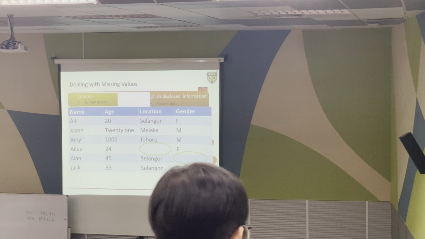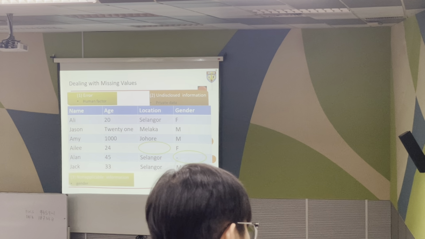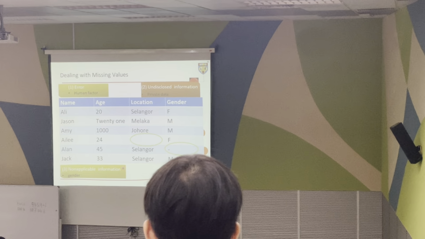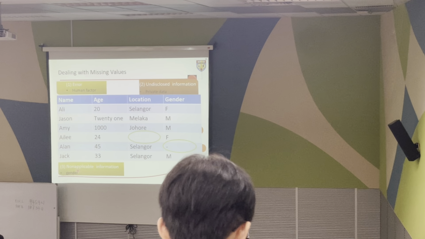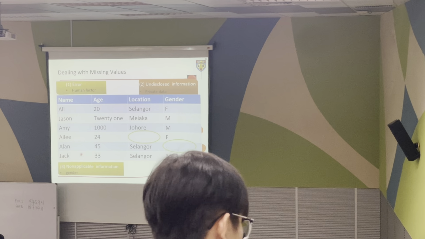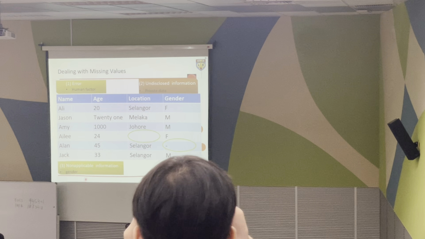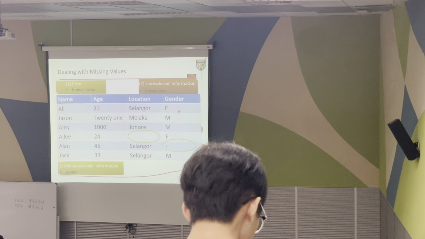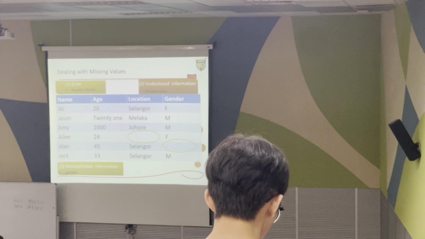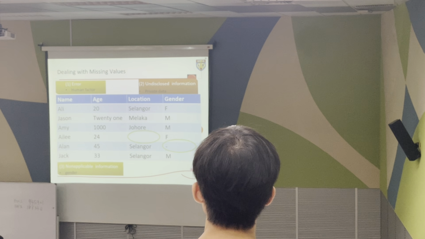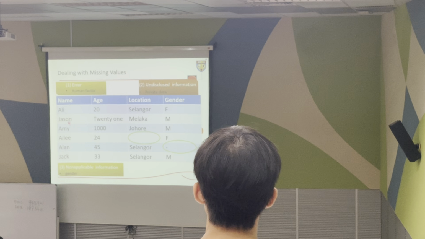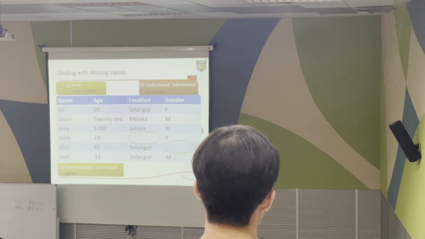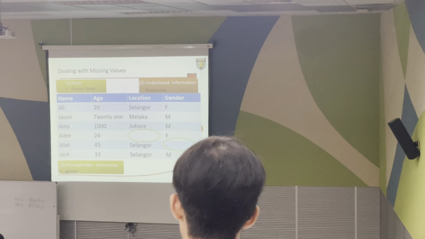The third reason why we might have missing values in our record or data set is due to non-applicable information. For example, based on these 4 features, we want to group the features name, age and location based on gender.